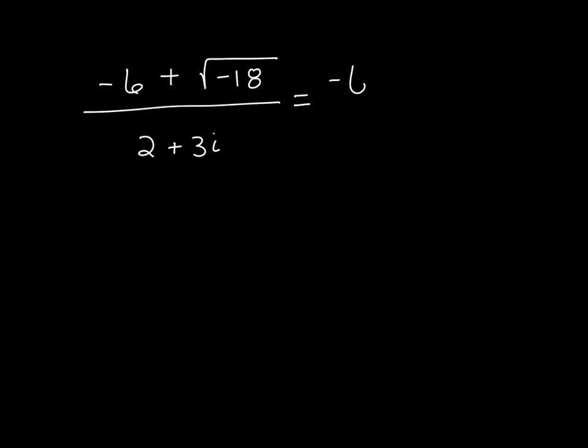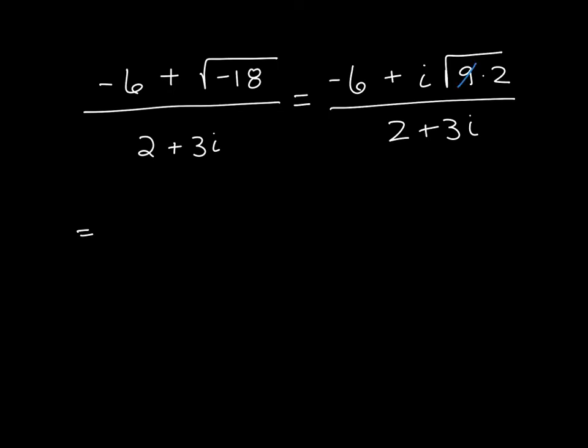So that's going to be negative 6 plus i square root of 9 times 2 all over 2 plus 3i, which when I take that 9 out, is negative 6 plus 3i square root of 2 all over 2 plus 3i.